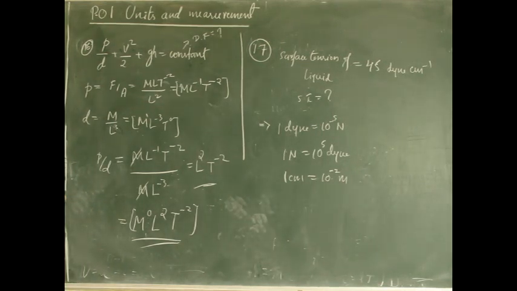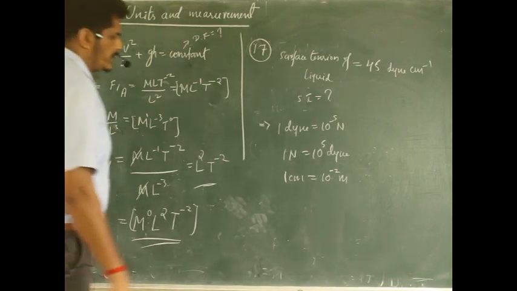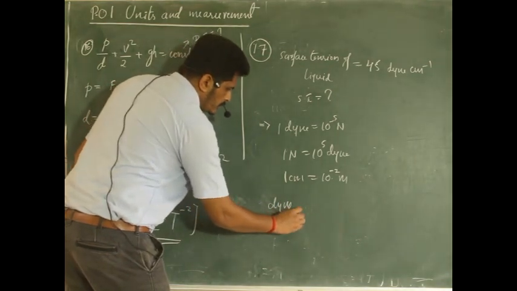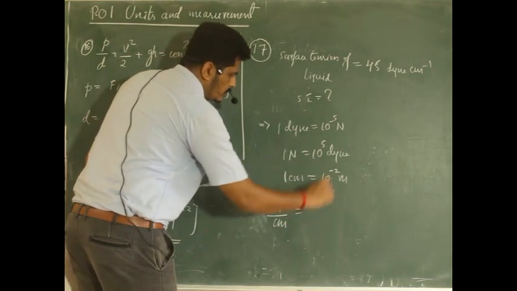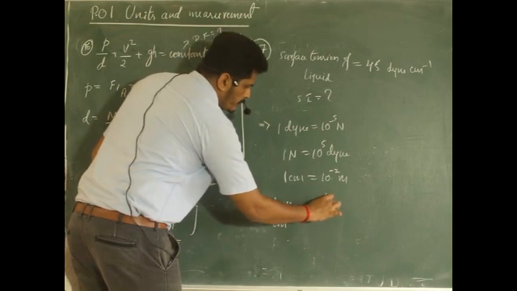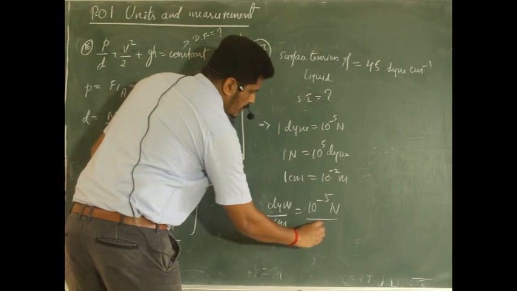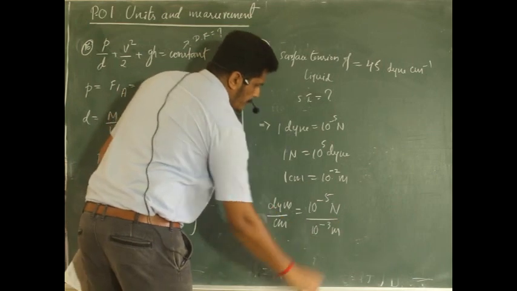Now by looking at the surface tension value of the liquid in CGS system, 45 dyne per centimeter is written, correct? Now dyne per centimeter, I will convert that into SI system directly. So I will just write down dyne per centimeter. 1 dyne means how much Newton? I am converting, okay? So 10 power minus 5 Newton. Centimeter means 10 power minus 2 meter.